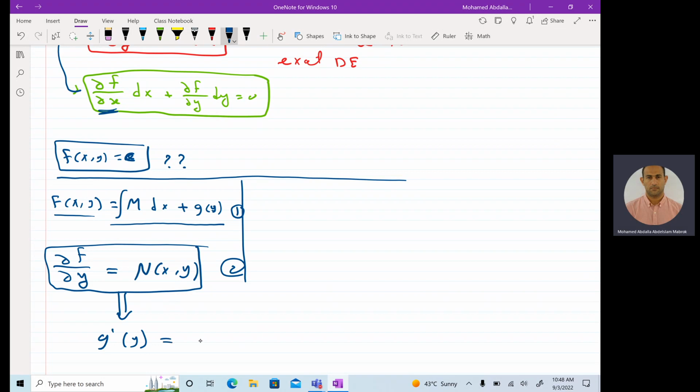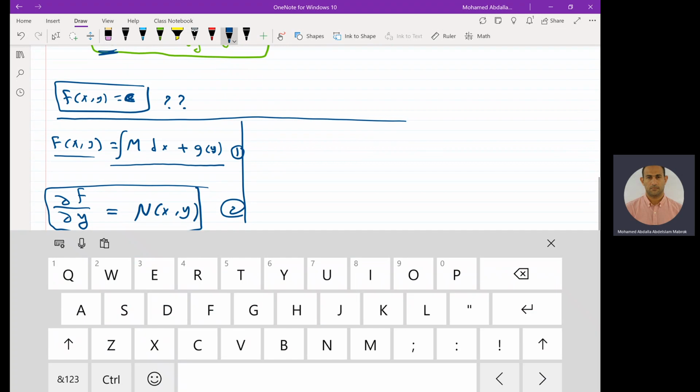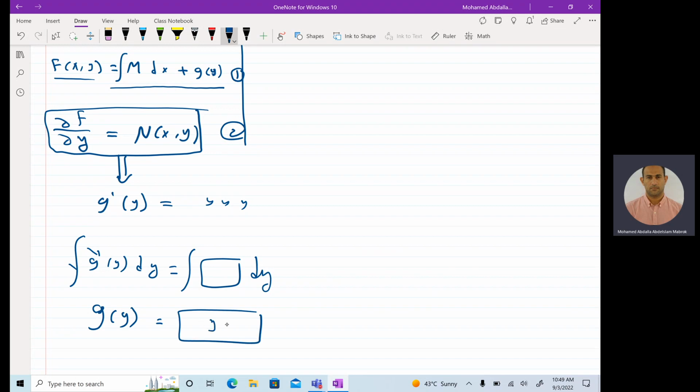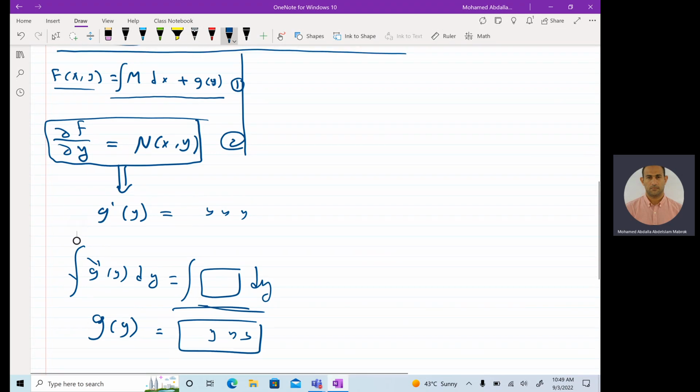G dash of y will equal some other y's here, and then we integrate G dash of y according to dy. The integration will cancel the differentiation, so we can get G of y after we calculate this integration. So this is one way of doing that.